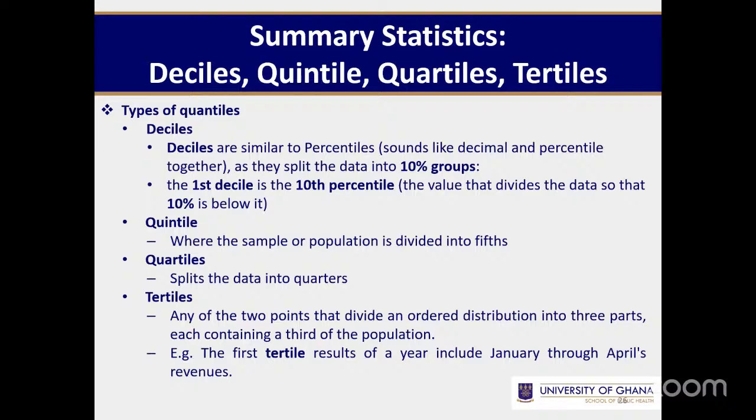If it is a quintile, you have divided it into 5. And if it is a quartile, you have divided it into 4. That is why we say the quarters refer to the first quarter, the second, the third, and then the fourth. And if it is a tertile, it means you have divided the population into 3.